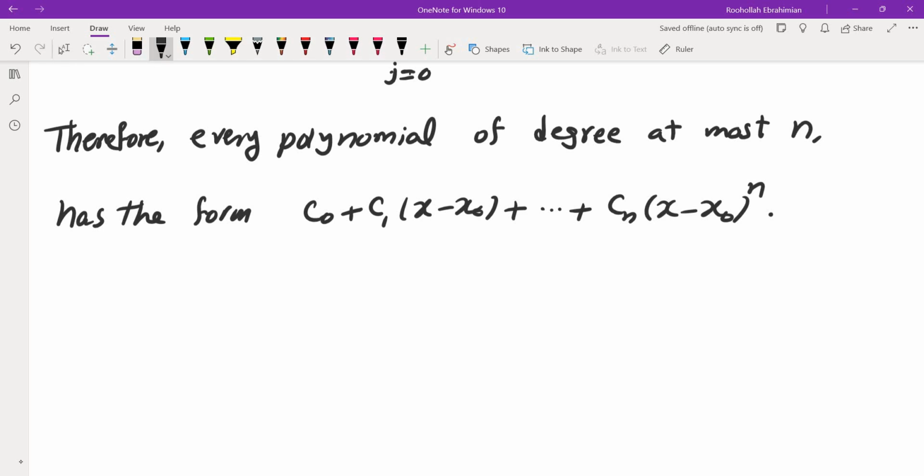Okay, so now let's assume that this polynomial has contact of order at least n with f.